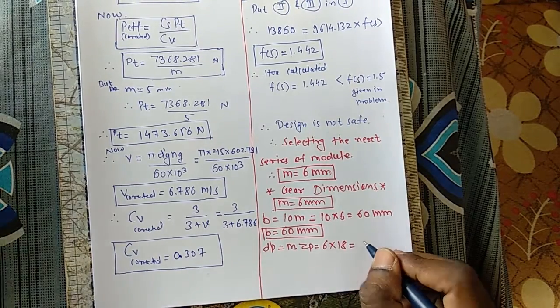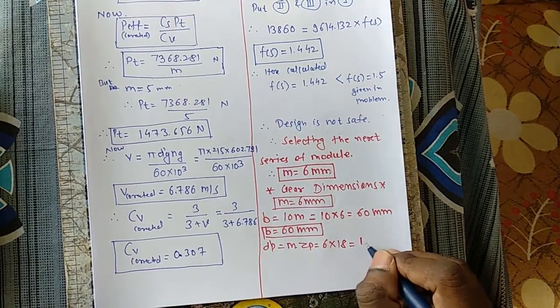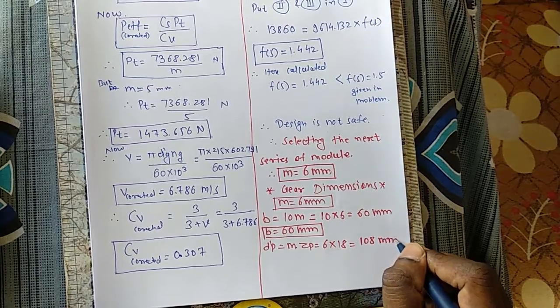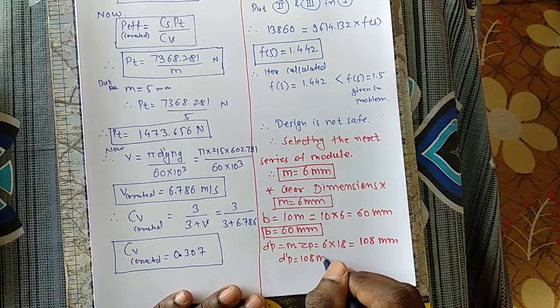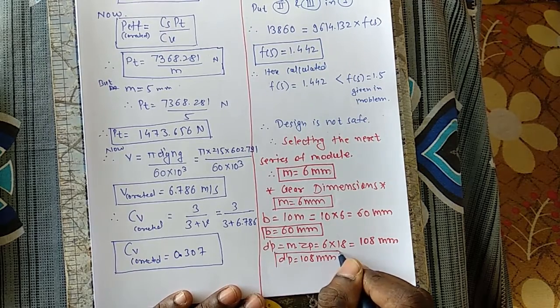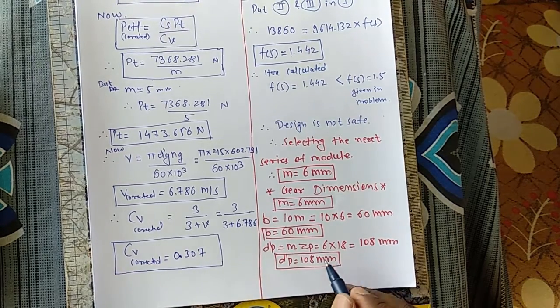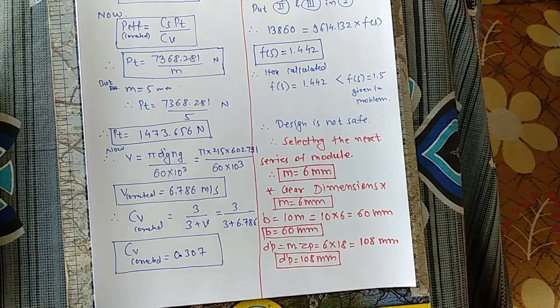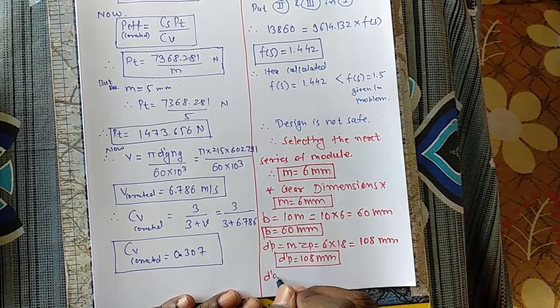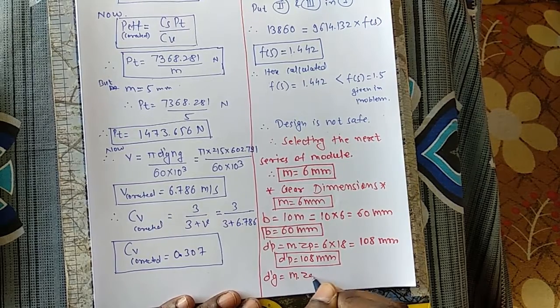So 6 into 18 is 108 mm, the pitch circle diameter of the pinion. The pitch circle diameter of the gear is m into ZG.